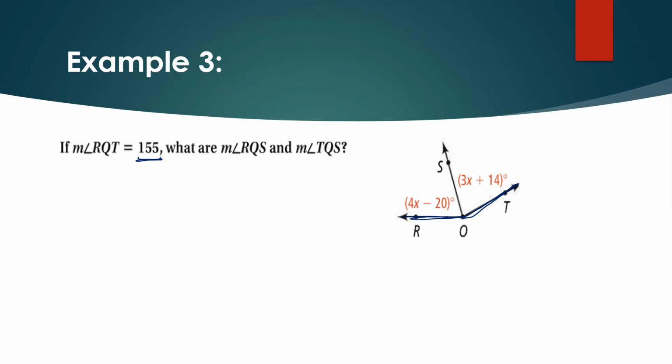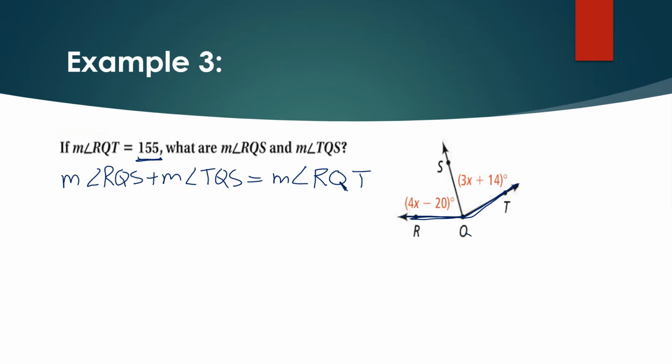So if I use the angle addition postulate, I know that the measure of angle RQS plus the measure of angle TQS should equal the measure of the entire angle, angle RQT. Now, I know the value of RQT, it's 155, and the other ones are given with variables, but I should be able to just solve for X and then plug in, kind of like the problems that we did in the last section. So RQS, this looks like an O, but it's supposed to be a Q, RQS.